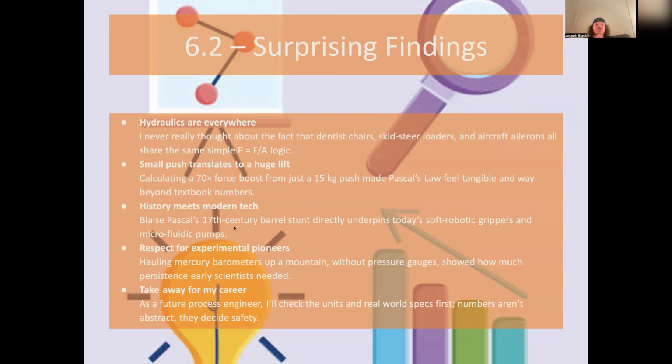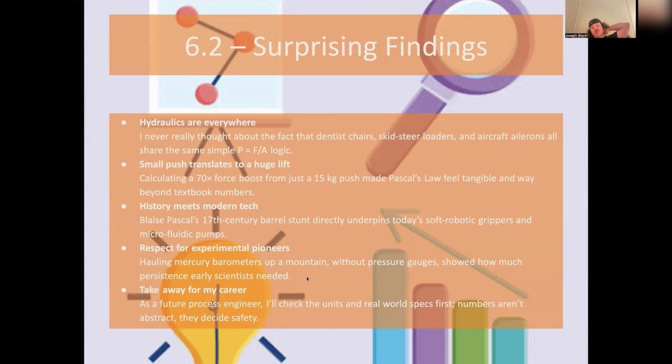Blaise Pascal's 17th century barrel stunt directly underpins today's soft robotic grippers and microfluidic pumps. Respect for experimental pioneers. Hauling mercury barometers up a mountain without any pressure gauges showed just how much persistence early scientists needed to actually get things done.